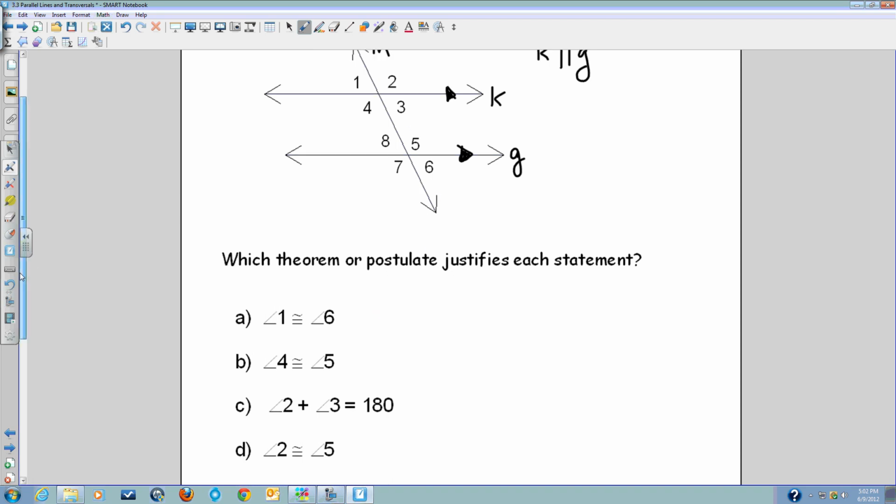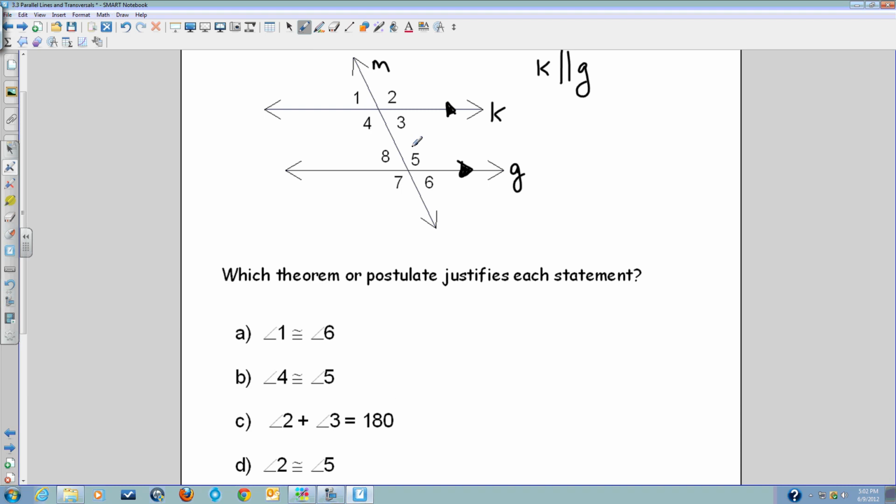So for instance, angle 1 is congruent to angle 6. Well, since K and G are parallel, and angle 1 and angle 6 are alternate exterior angles, we're going to say the alternate exterior angles postulate. You can see I'm abbreviating this, but that's fine.